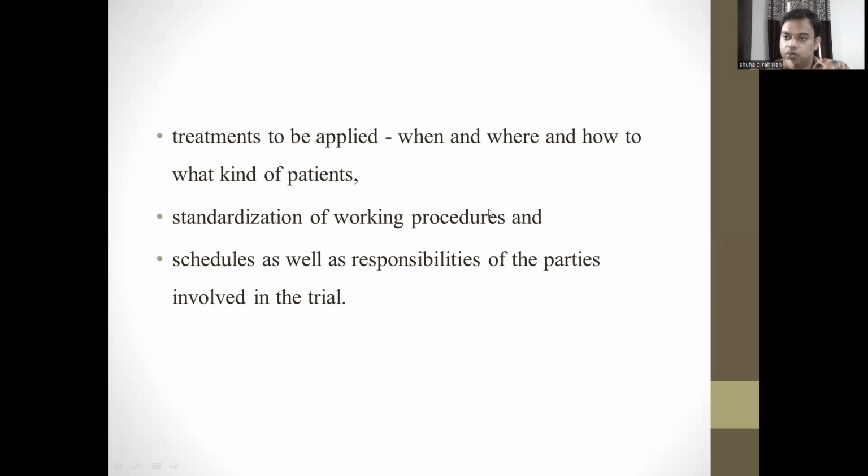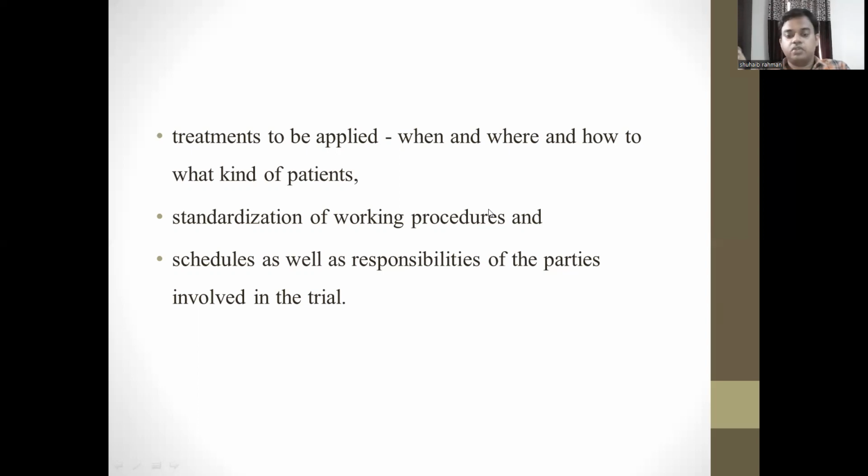You have to do that for a particular group. And if you want to compare with any other new technique, you have to compare with that particular gold standard technique. And for your technique also, you have to mention what you are going to do in the procedure. So that a scholar in that particular subject will review your protocol, and only then are you going to get your approval.